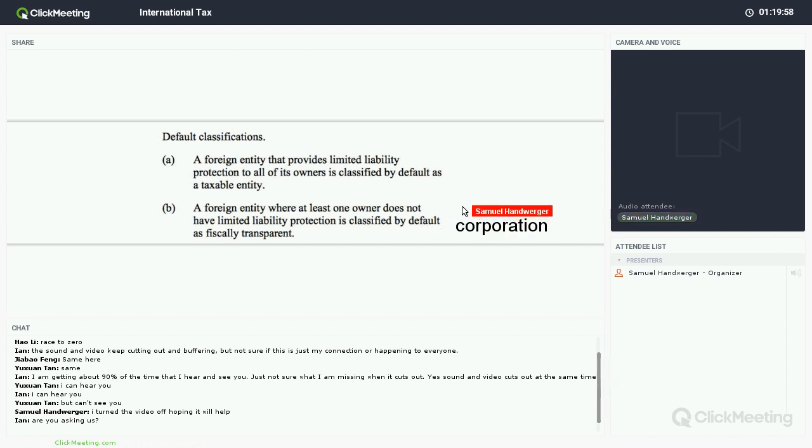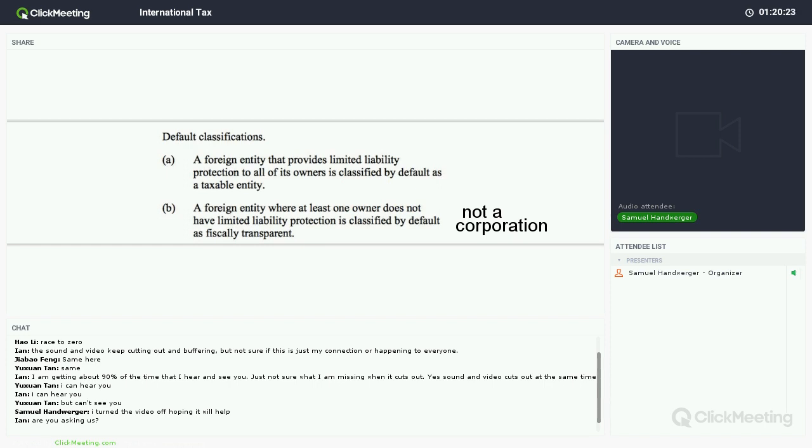So B is, well, you should say it this way, not a corporation in the eyes of the U.S. The reason why we're saying it this way is because in the foreign country, it could be that they don't have what is called a corporation, or what they have there has different laws than our corporation. So we have to be able to, from our perspective, define what you are in the foreign country.